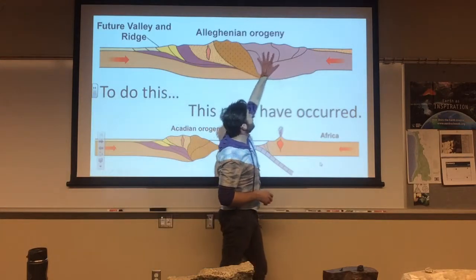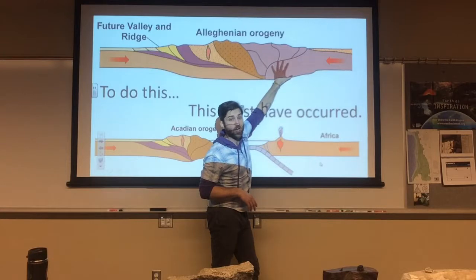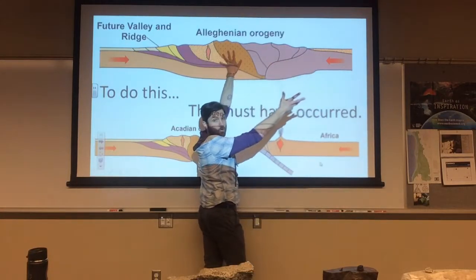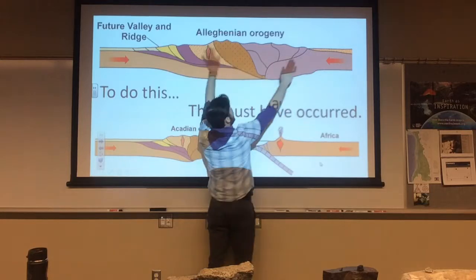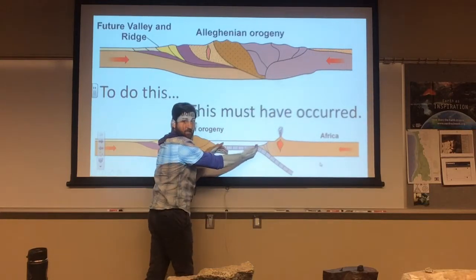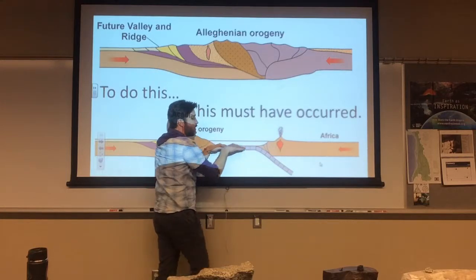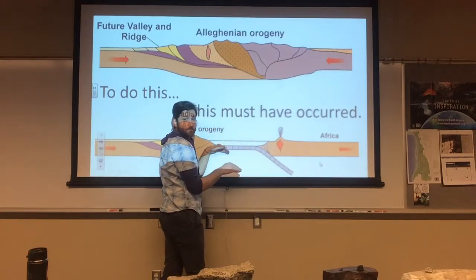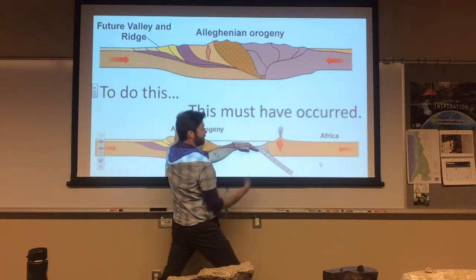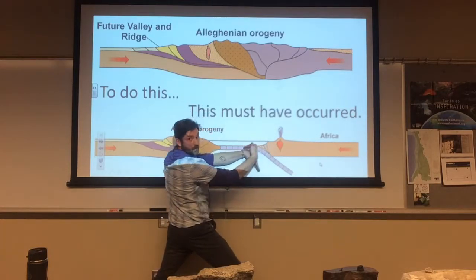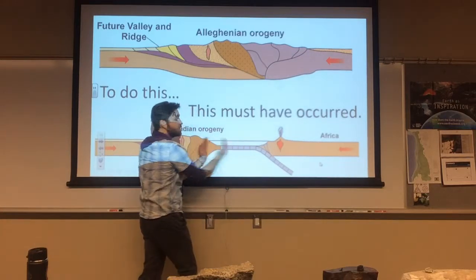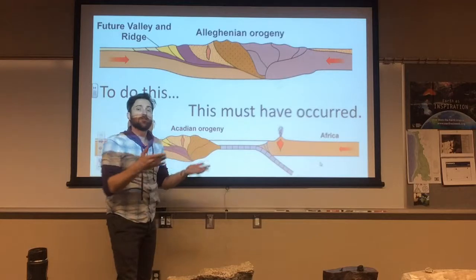To have this block of rock, this continent, move across an ocean or oceanic crust to collide with this one, you first have to have oceanic crust that's undergoing some sort of subduction, okay? And then as this plate subducts further and further and further, these are getting closer and closer and closer until eventually the collision forms.